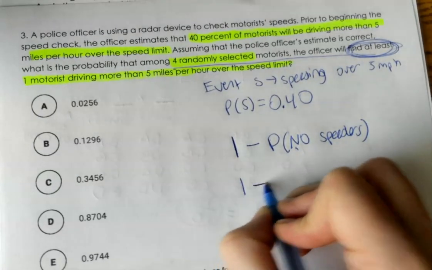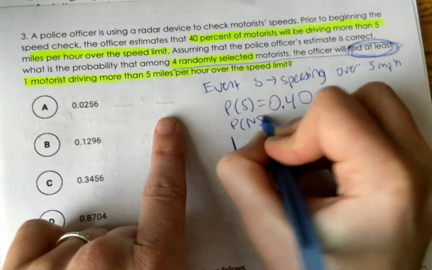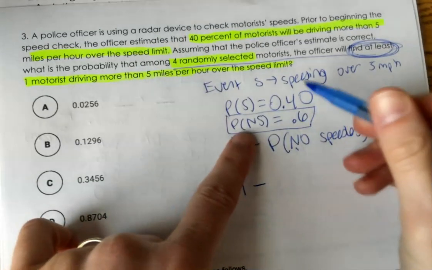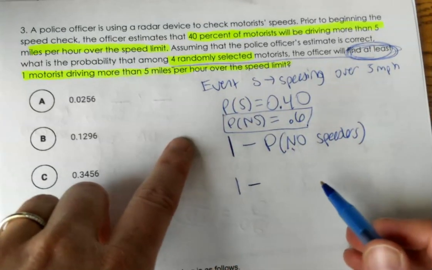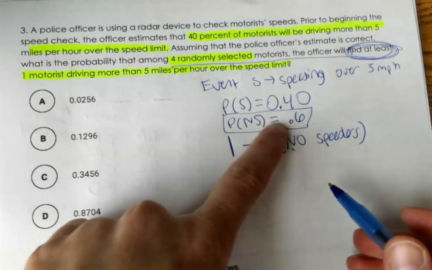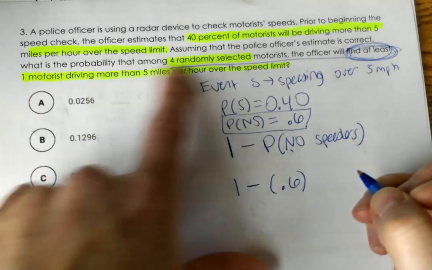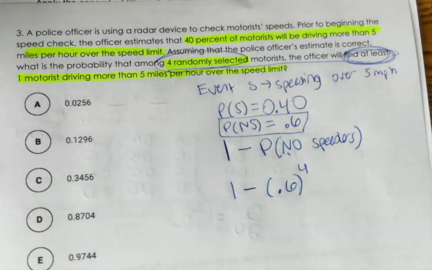Well, this is my probability of speeding. So my probability of not speeding must be 0.6. 1 minus 0.4. Again, that's a complement rule, right? So if my probability of finding no speeders at all is 0.6, and I've got 4 randomly selected people in my group, I'm going to raise it to the 4th power.